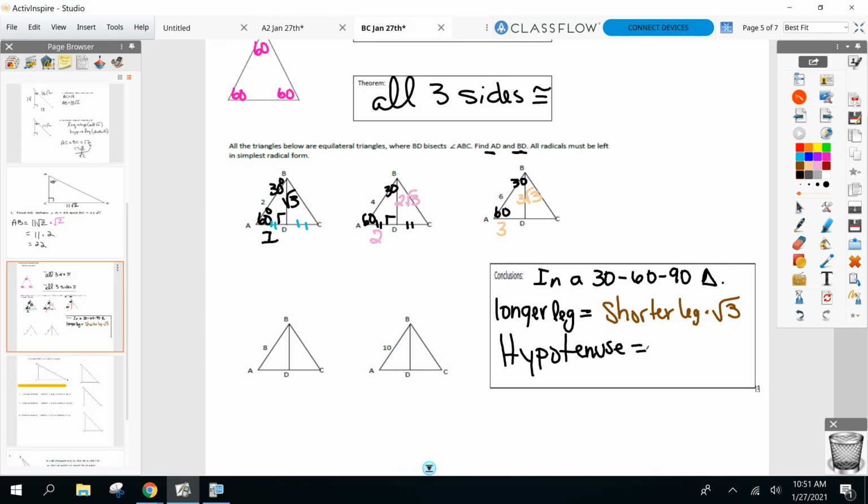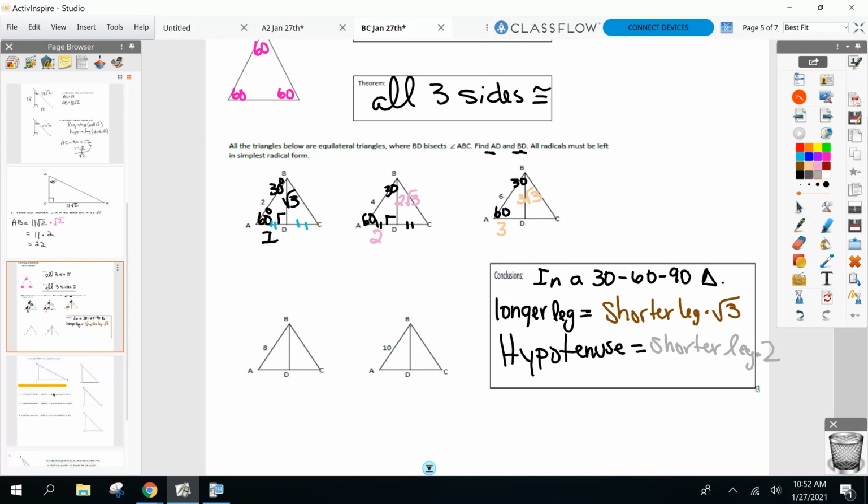Multiply the shortest leg by 2. Shorter leg times 2, every time. Good. So a lot depends on that shorter leg, huh? A lot depends on it.